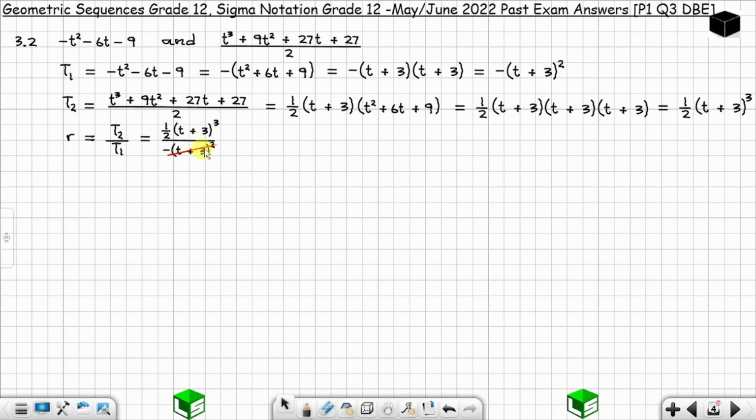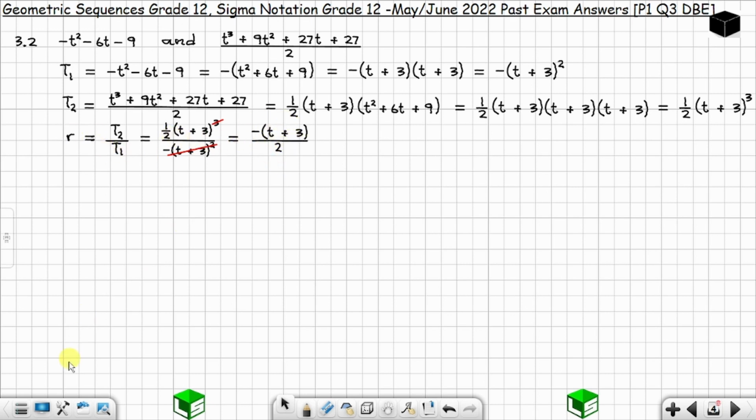So this will go, and let's just get this 3 off, and you only remain with t plus 3 at the top. And so this is equal to, you have the negative, so you bring it to the top. It is negative, right? You have this t plus 3 times 1, so it is t plus 3, right? It's times 1 over 2. Okay, so this is your common ratio.